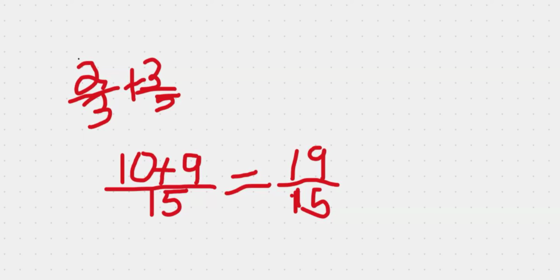You can't leave the answer as 19 over 15. No, I didn't say you should erase it. I just said you can't leave it as 19 over 15. So write the 19 over 15 and then tell us what it can now become.